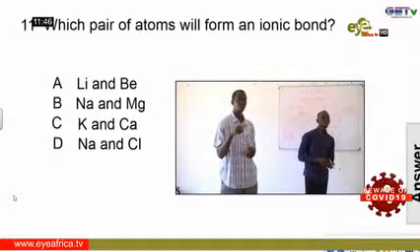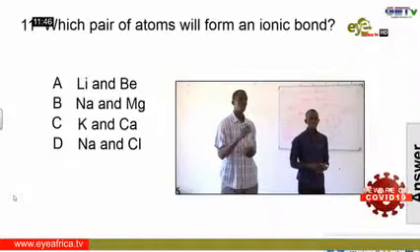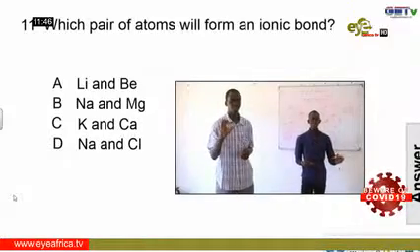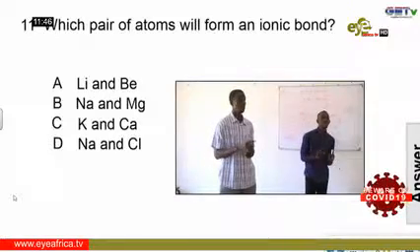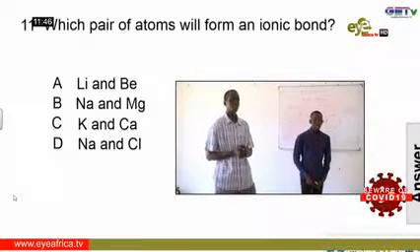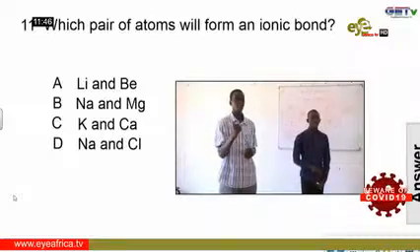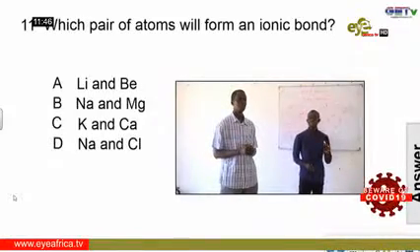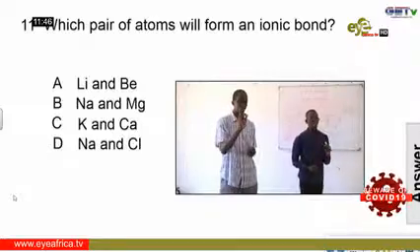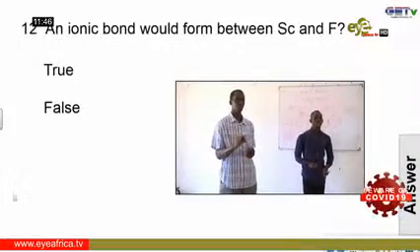C, potassium and calcium. Potassium is also in group 1 and calcium is in group 2, which means they are both metals, so they cannot form an ionic bond. And D, sodium and chlorine. Sodium is a metal and chlorine is a non-metal, which means the correct option here is letter D, which is Na and Cl.